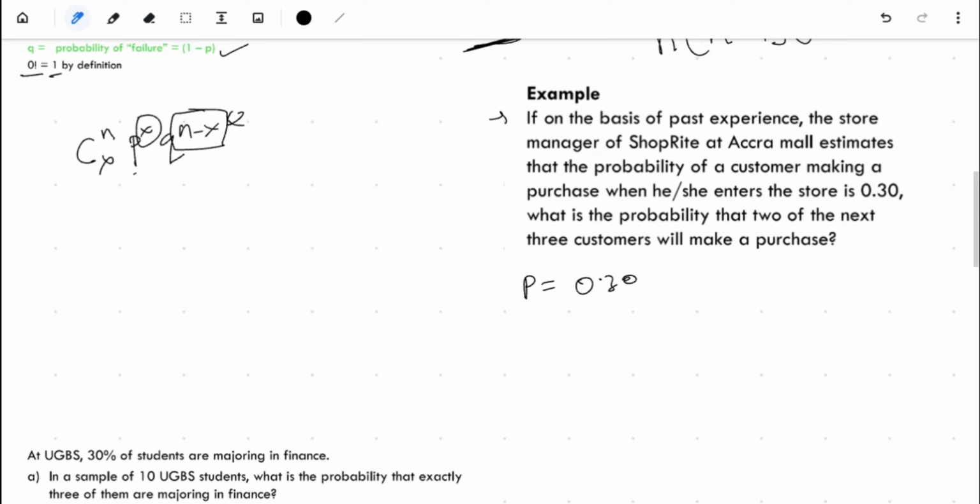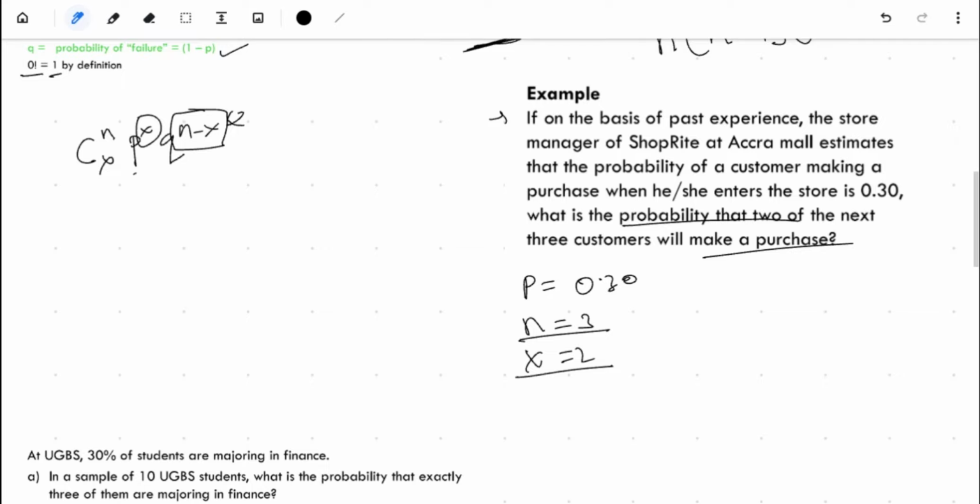So we are saying the probability that 2 of the next 3 customers. The number of customers we are assuming is 3, so our n is 3. Out of these 3, what's the probability that 2 of them will make a purchase, will buy? So our x is 2. This is our total number, and this is our number of successes. Now, the probability that these 2 people will buy.